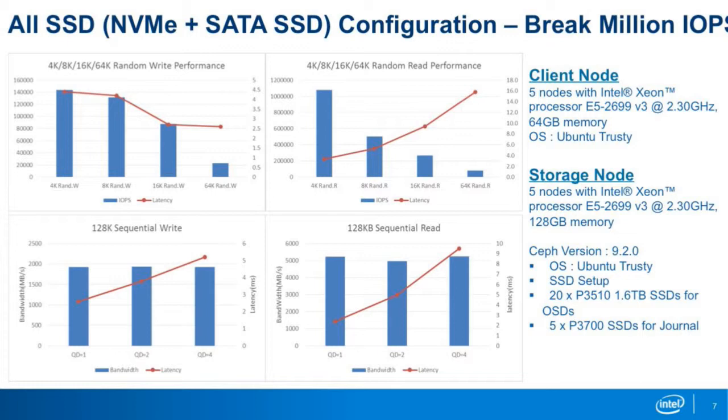The random write performance is limited by the Ceph engine's context switching. So we can get 140K IOPS for 4K random write, still very good, and the latency is 4 to 5 milliseconds at that IOPS. So that's pretty good.